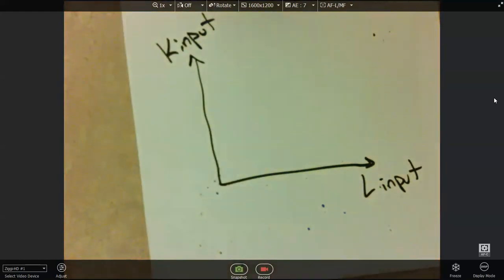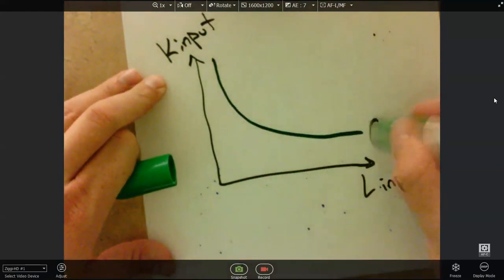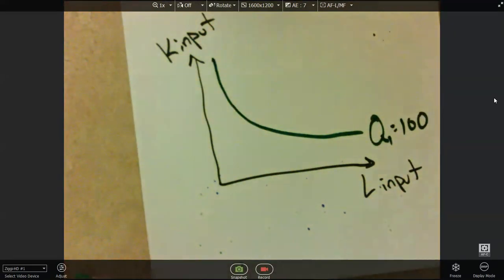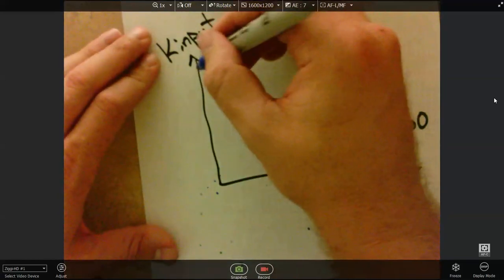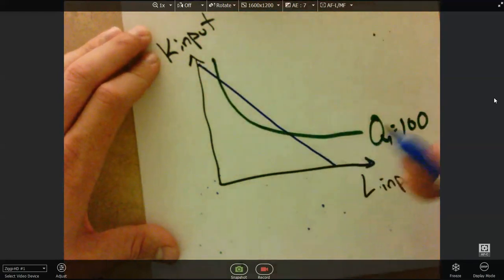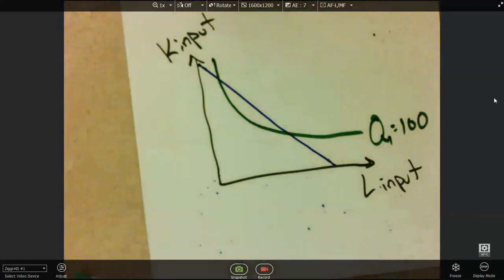Let's go ahead and make an isoquant line here where Q1 equals 100. We've got an isocost curve. So the first isocost curve we have is going to be right here. And then the second isocost curve.